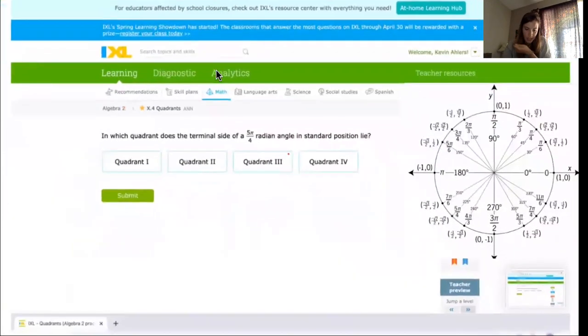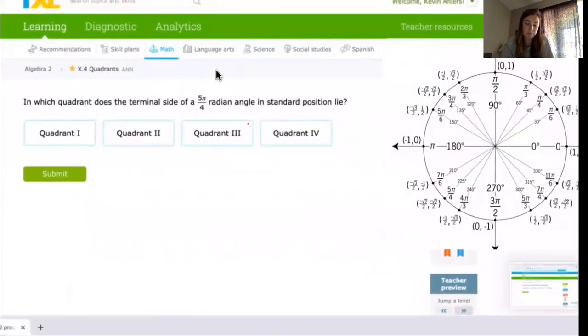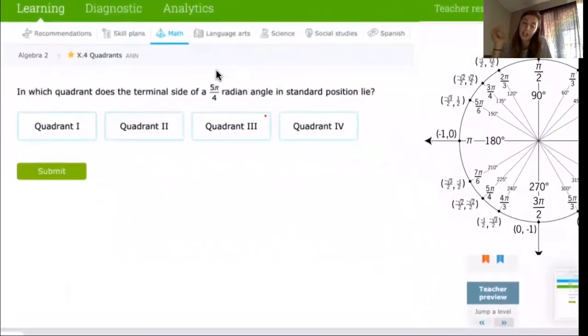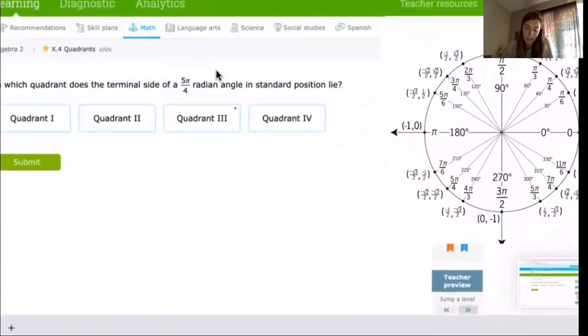Okay, same thing, but now you're using radians instead of degrees for your angles. So in which quadrant does the terminal side of a 5 pi over 4 radian angle in standard position lie? So let's first find 5 pi over 4.